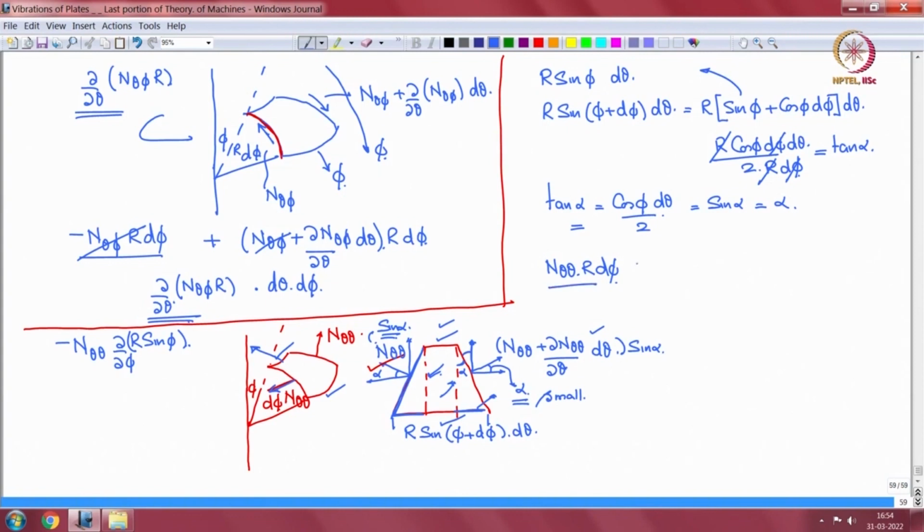Then sine alpha, which is cos phi d theta by 2, plus the same thing, n theta theta plus del n theta theta by del theta d theta, again sine alpha, which is cos phi d theta by 2.